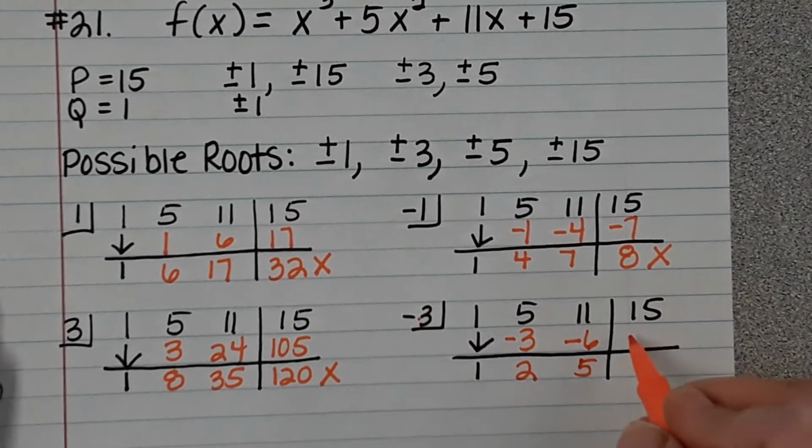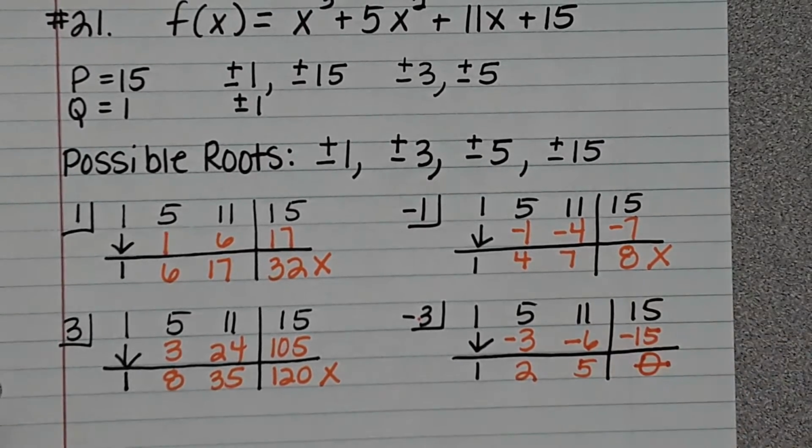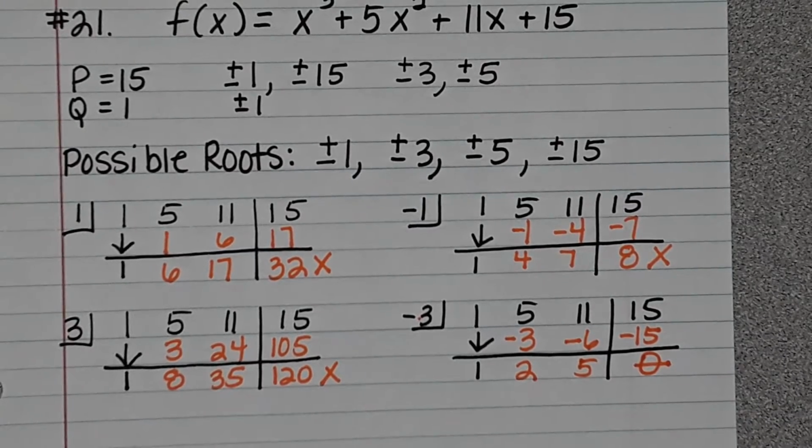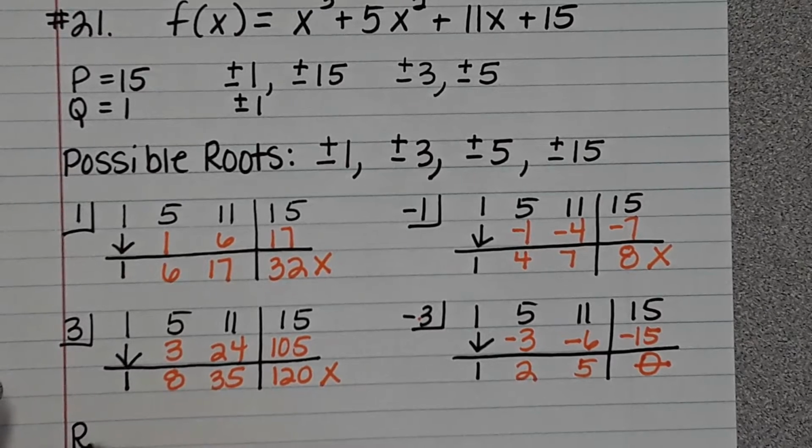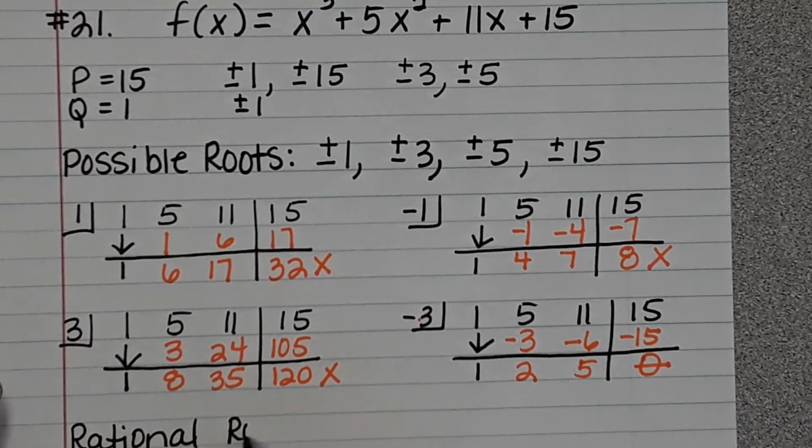Negative 3 times 5 is negative 15. 15 plus negative 15 is 0, which means I have a rational root of what? So I have one rational root right now that I know of. My rational root right now is negative 3.